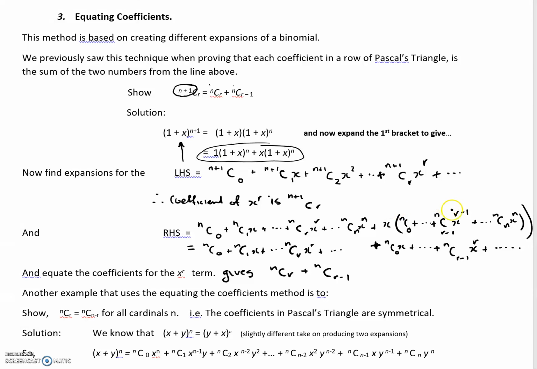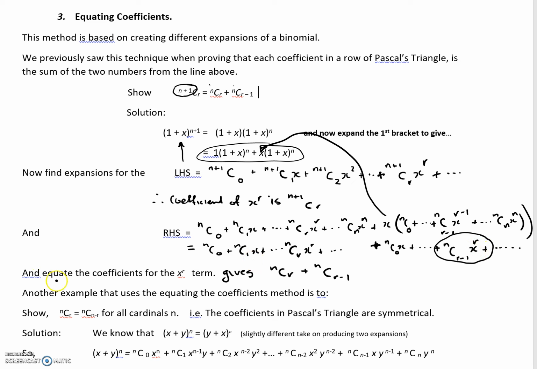I know I want the term before x to the r, such that when I multiply this, I end up with an x to the r term, and its coefficient is actually NCR minus 1. But in the next line, after I've expanded out the x that was out the front, I will have my x to the r term.